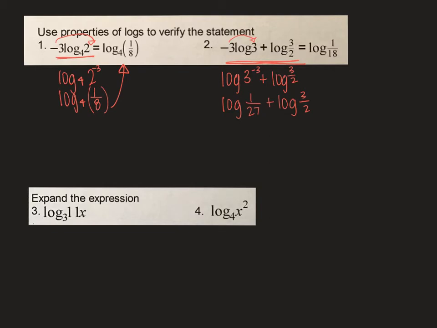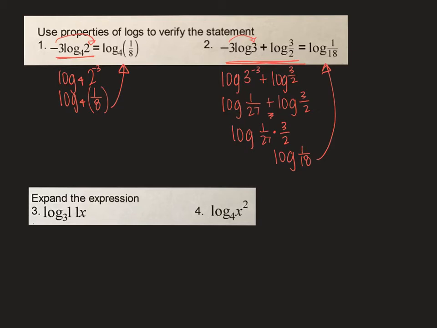And then my plus sign here, remember we can write as multiplication. So I can take that 1 over 27 and multiply it by 3 over 2, which is going to give me the log of 1 over 18, which is what I had on the other side of the equal sign.